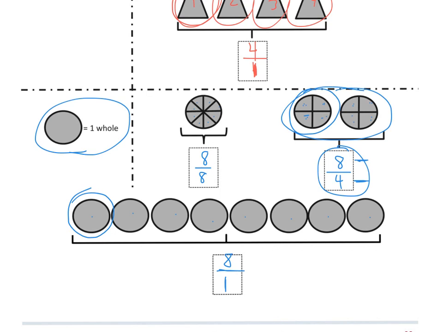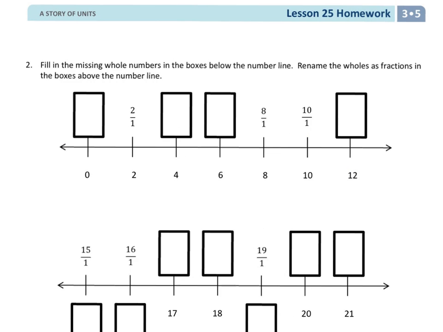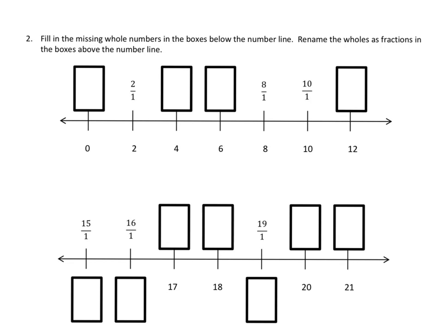So we're going to try to transfer this over to page 2 when we take a look at them on a number line. So let's look at page 2. And we'll look at the first one together. And it says, fill in the missing whole numbers in the boxes below the number line. Rename the wholes as fractions in the boxes above the number line.